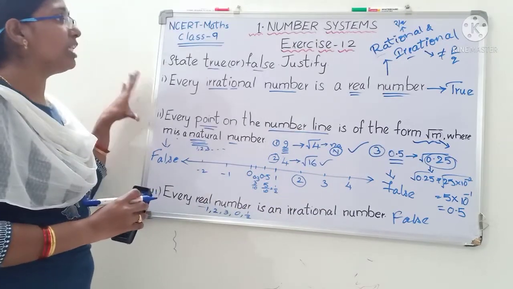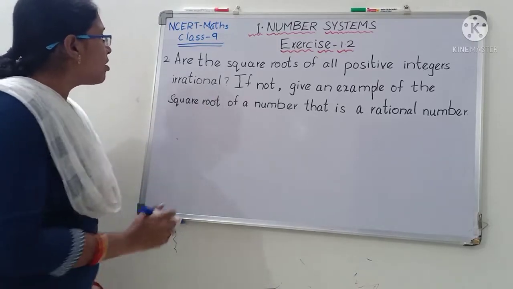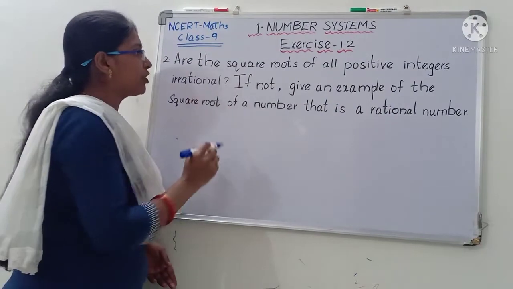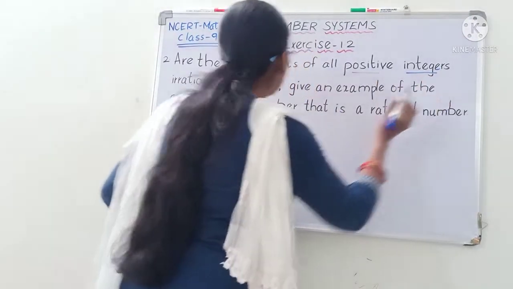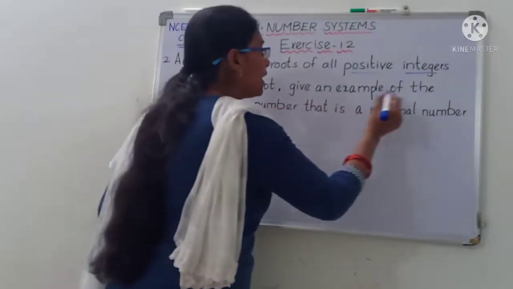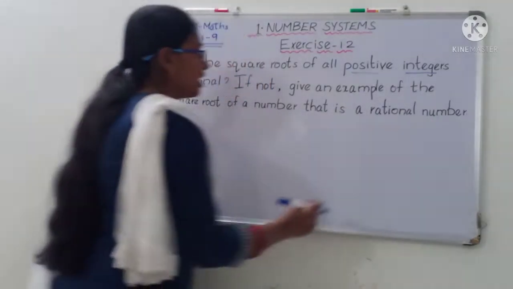This is problem 1 in exercise 1.2, children. Second question, children. Are the square roots of all positive integers irrational? If not, give an example of the square root of a number that is a rational number.